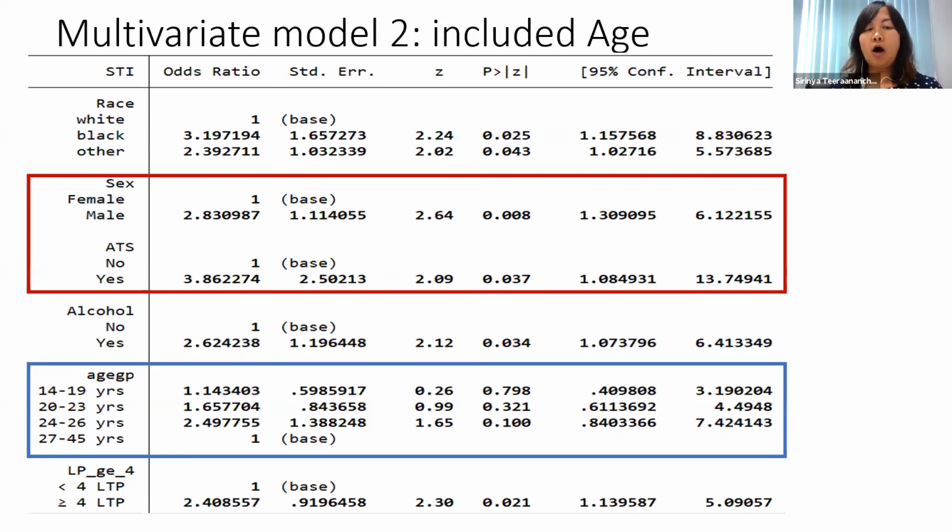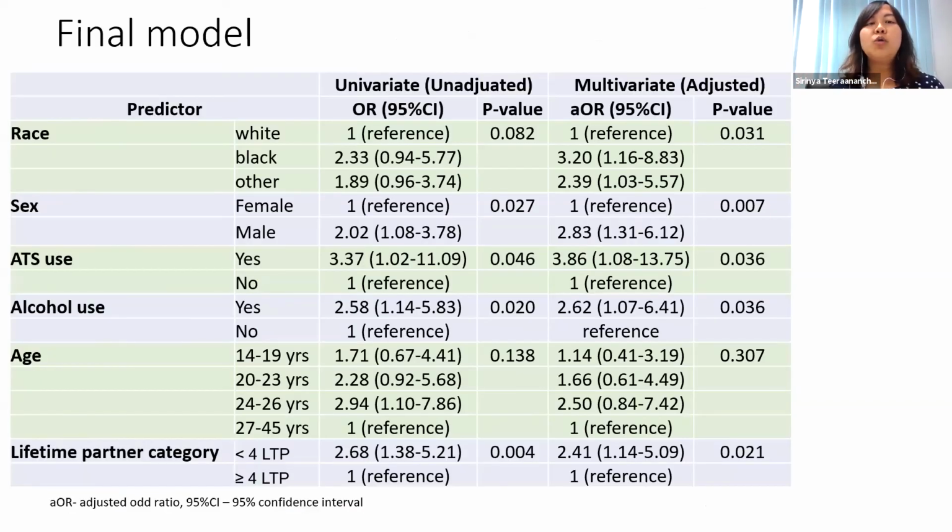So it depends on what you want. According to this model, I will conclude the final model like this. Normally, if you want to show the final model, you should show the univariate model compared with the multivariate model together in the same table, so that you can consider how different the univariate model is from the multivariate model.